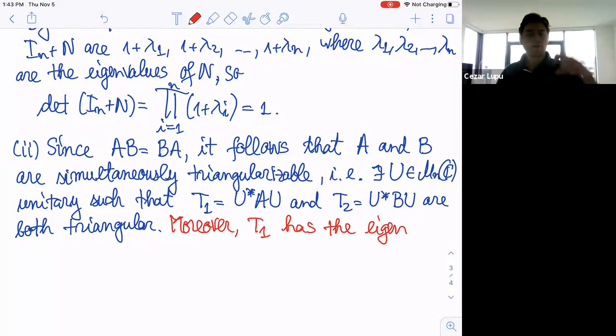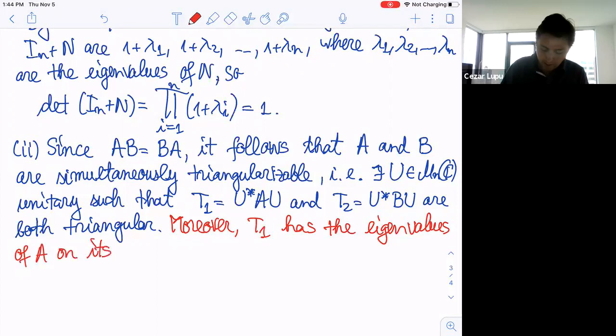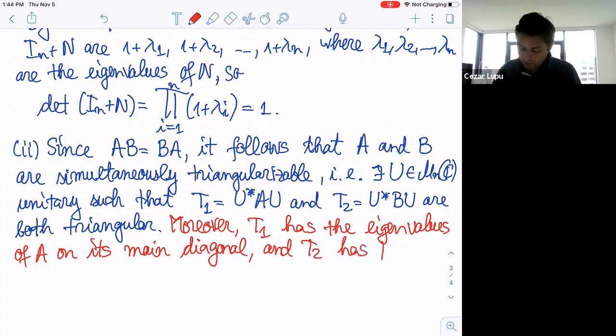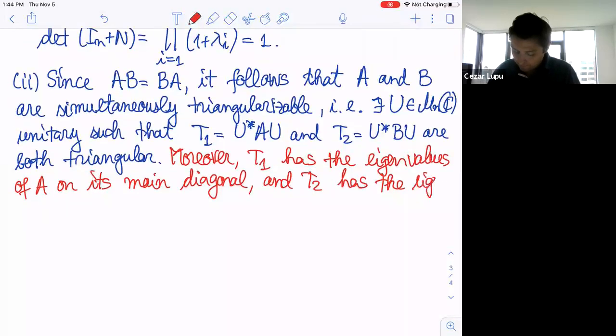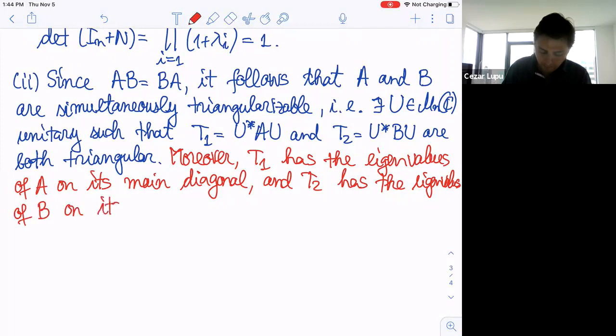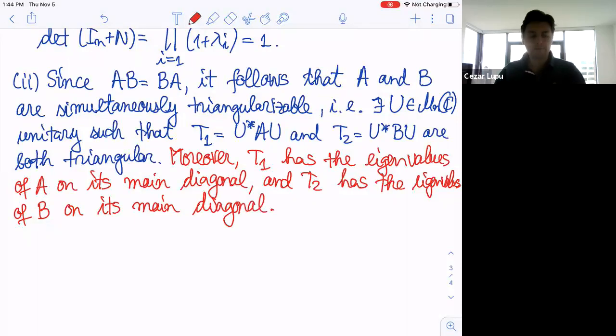They're not just triangular, but on the main diagonal of each matrix, T1 and T2, you will find the eigenvalues of A and the eigenvalues of B. So moreover, T1 has the eigenvalues of A on its main diagonal, and T2, the second matrix, has the eigenvalues of B on its main diagonal. Right? Okay.